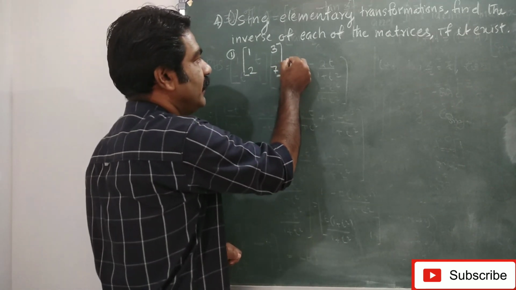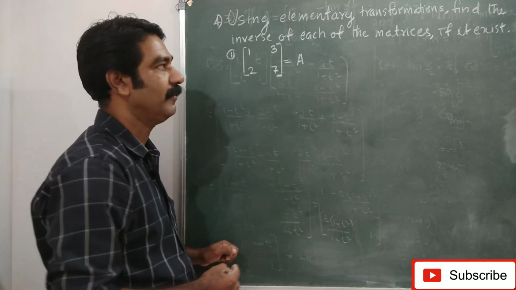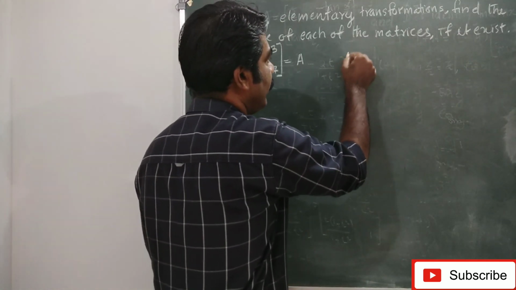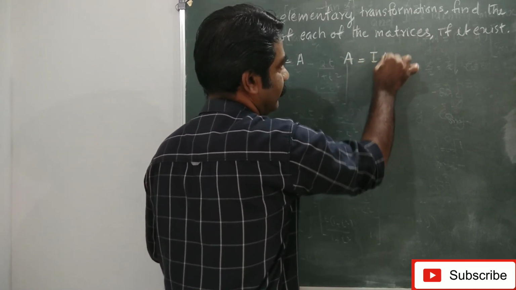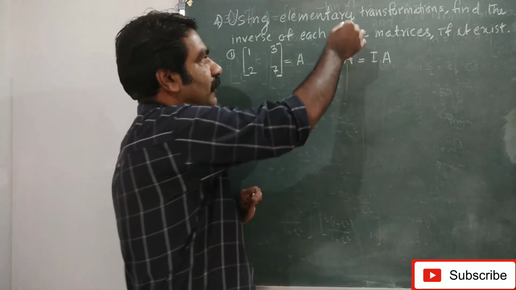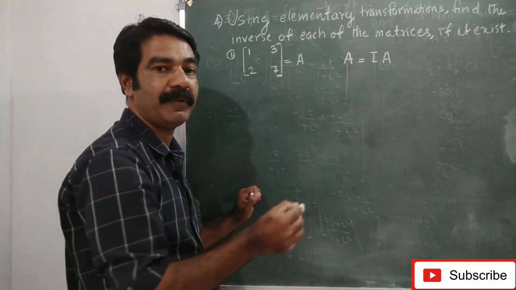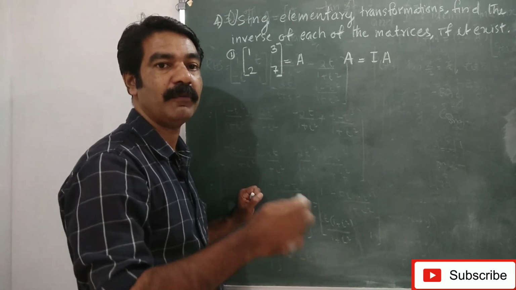Suppose the given matrix is A. Now to find the inverse, we write A is equal to IA. I already explained this. To find the inverse, we can apply either elementary row operations or elementary column operations.